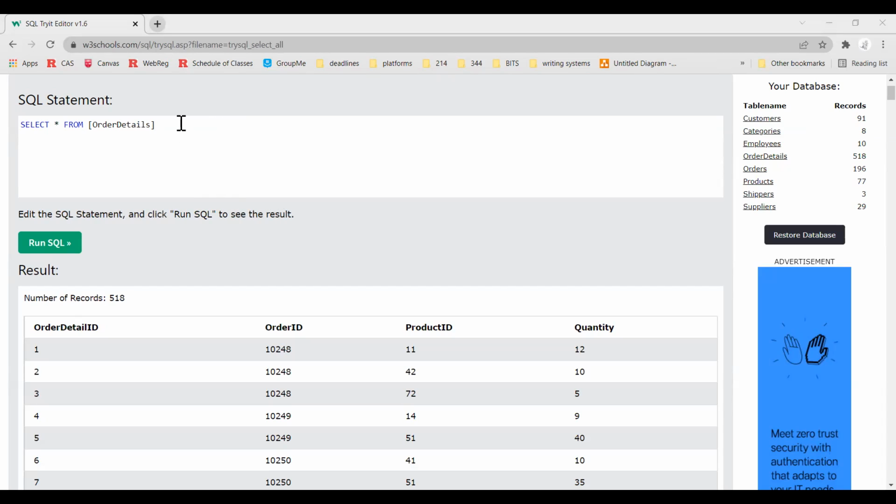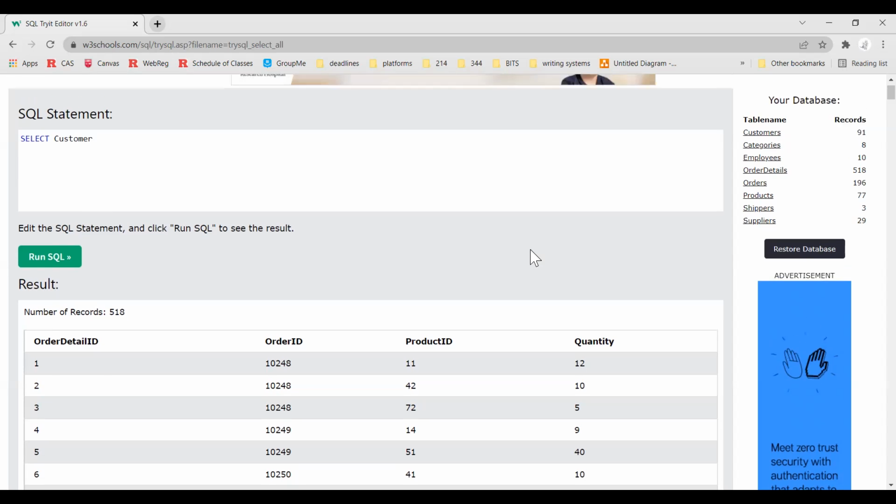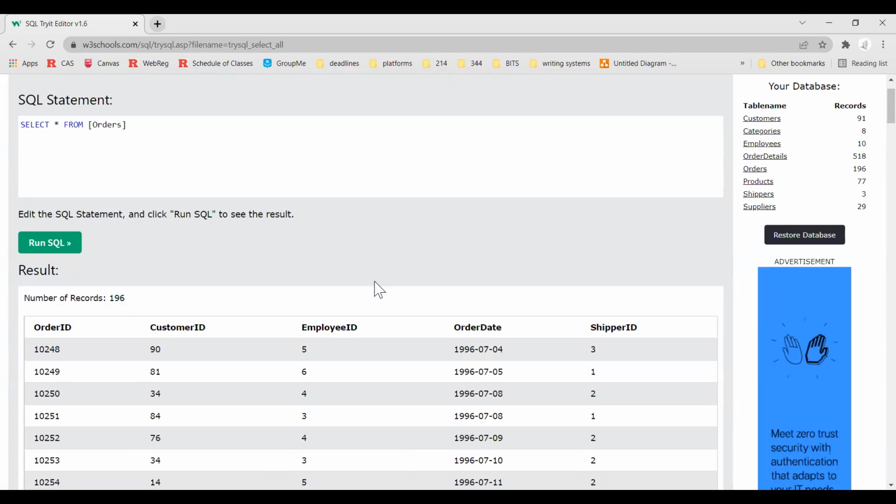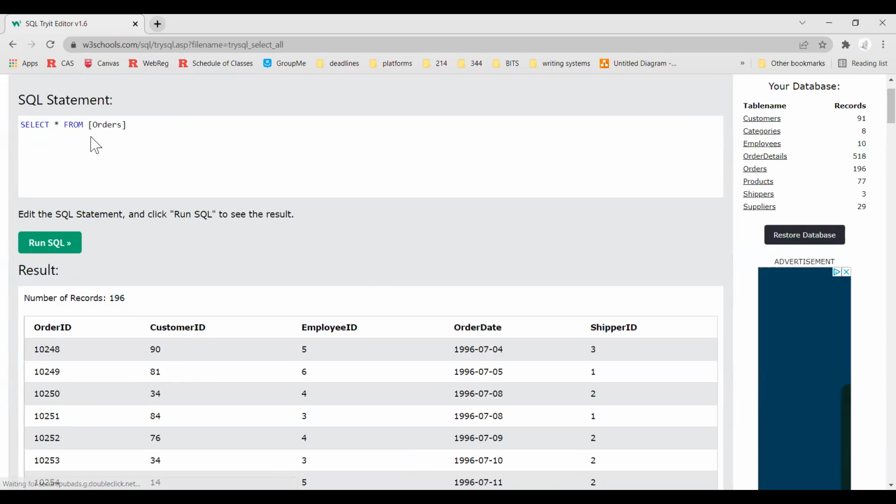So I'm going to do select. What do we need? Customer. I meant to click on orders before. Sorry. Okay, so we're looking at this. Now we have customer ID. So we need the customer ID to know what we're looking at.